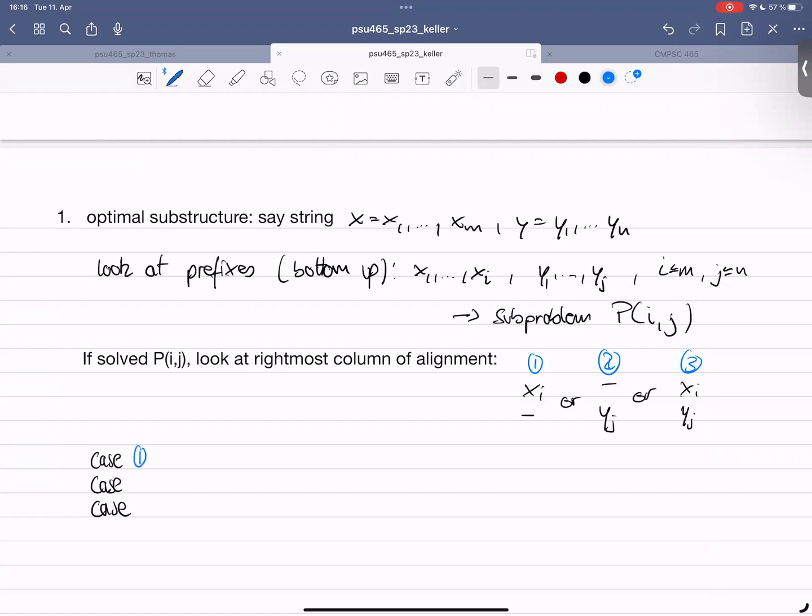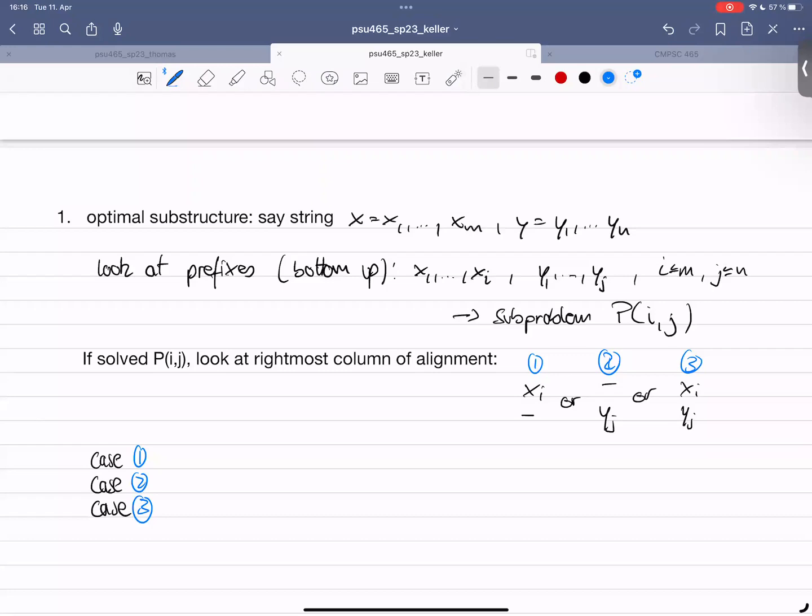We have case 1, 2, and 3. What is the cost of the alignment Pij in the first case? Similar to the equation that we had for LIS, where we said it's 1 plus the max of all the LIS values to the left, how would you now quantify the cost of Pij, given that you know that the last column looks as in case 1, where xi is aligned to a gap?